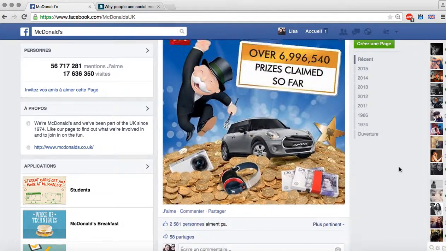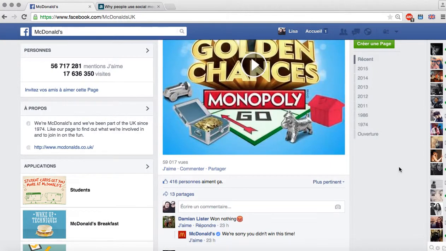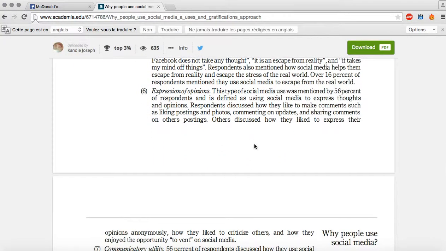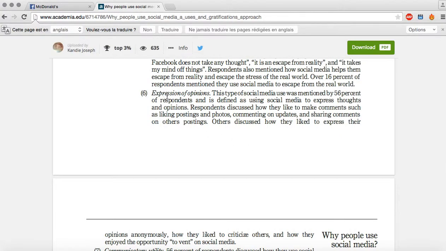And to finish, the third theme I found is expression of opinion, which, as you can see in the article, is here. This type of social media use was mentioned by 56% of responses.